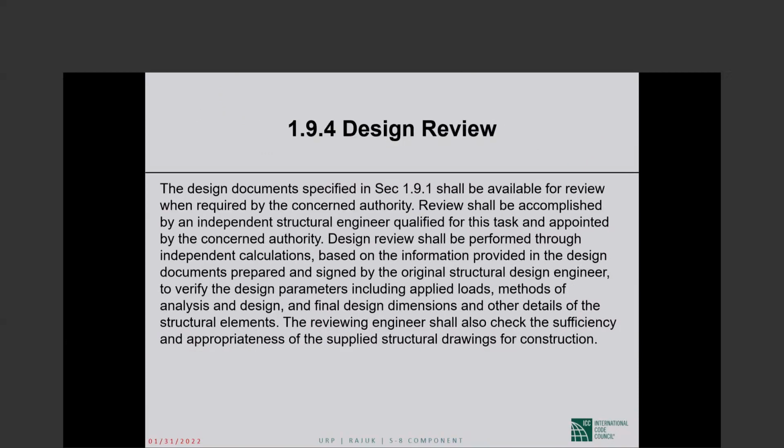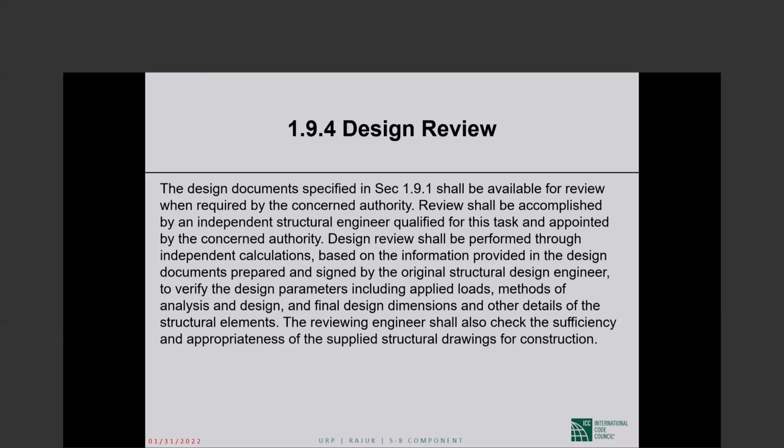The design documents shall be available for review when required by the concerned authority. Shall be available for review when required. Review shall be accomplished by an independent structural engineer, independent of the designer, qualified for this task and appointed by the concerned authority. So the reviewer shall be appointed by the concerned authority. Design review shall be performed through independent calculations.